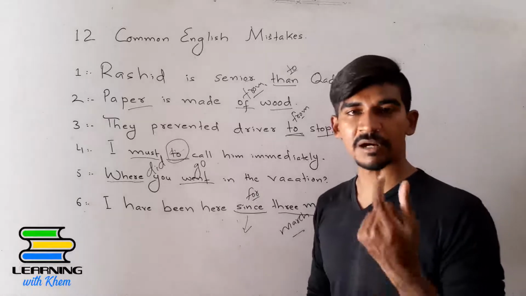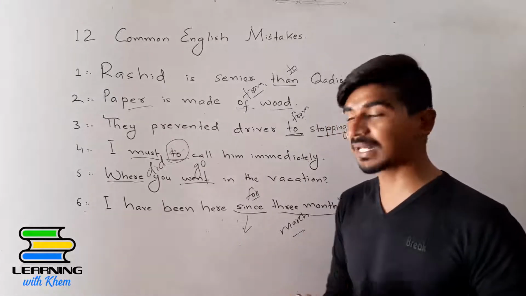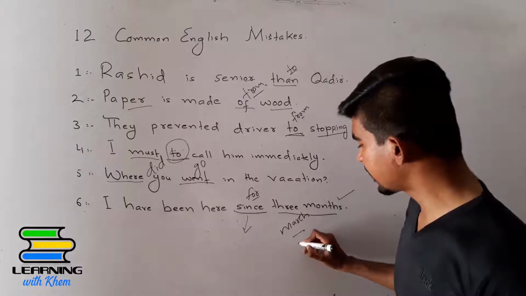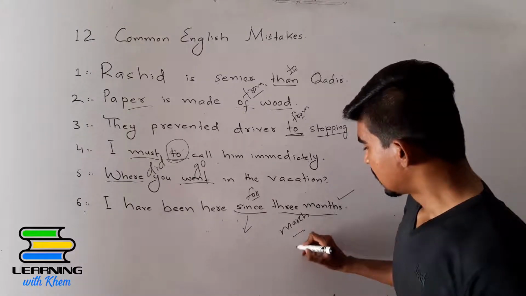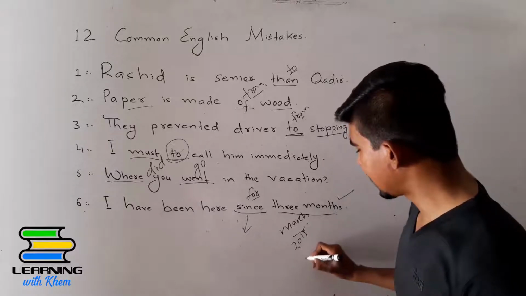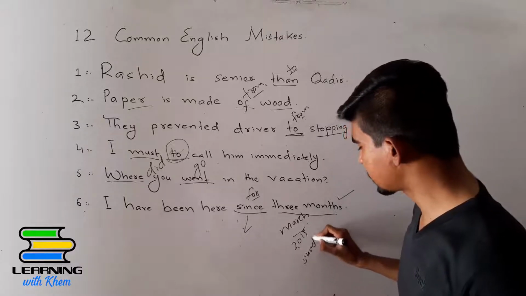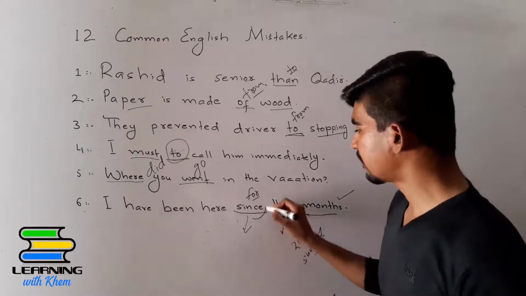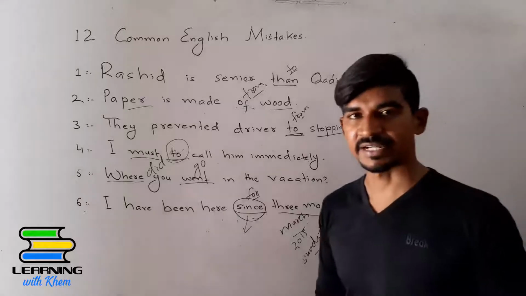But when we are talking about a point of time, then we will replace the period with the word March, with 2015, or with a day name, suppose Sunday, Monday. All these words can be replaced, but when will we use the word since there?